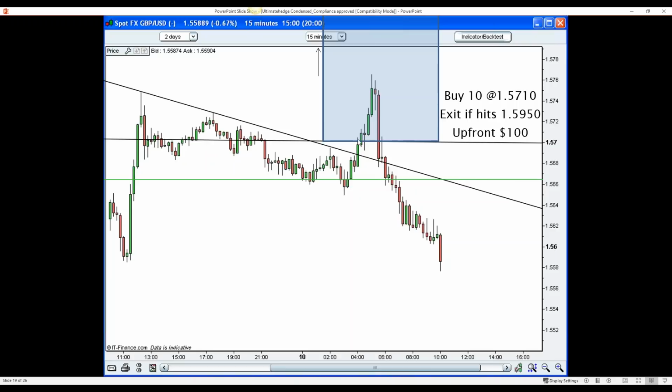But what happens when the market gets up in here to 57.10 and then keeps going? I'm losing money every pip on my spot Forex, but I'm making money every pip on what? On this Nadex spread. Does everybody understand that? Does that make sense? So I'm hedged.